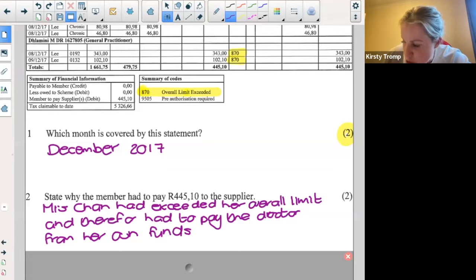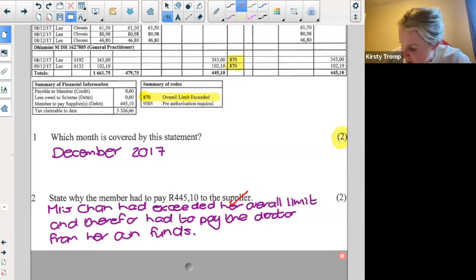Okay, I'm going to show you where the marks would be, so that if you haven't put this long sentence like I've just put, you would still get marks. As long as you spoke about the fact that she had exceeded her overall limits, you would get 1 mark. And as long as you spoke about the fact that she needed to pay the doctor herself, that's where you would get 2 marks.